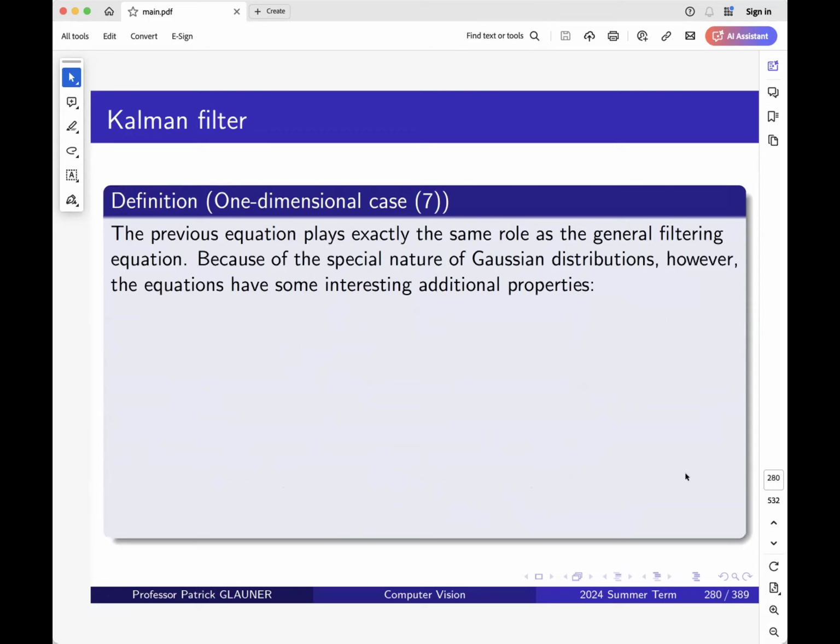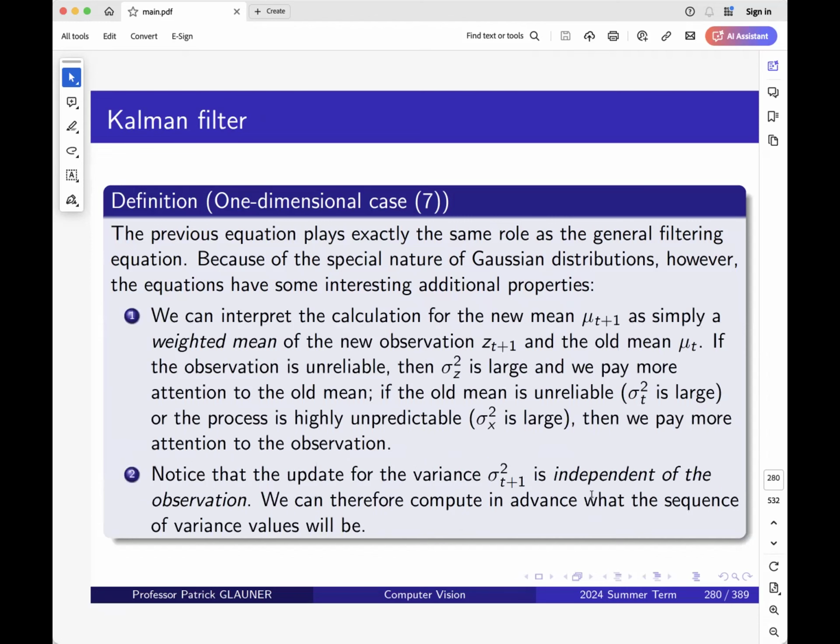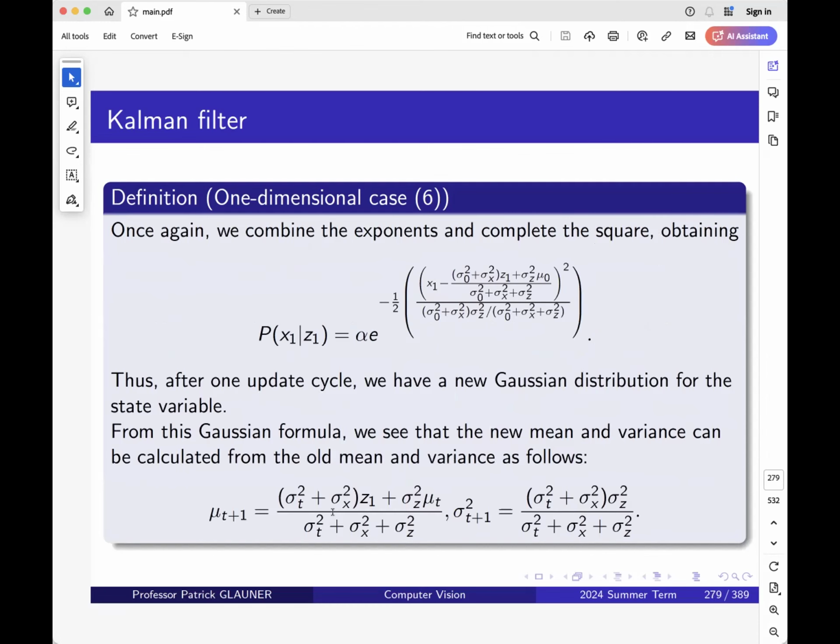What we have done here with these equations, they're just playing the same role as the general filtering equation we had derived before. But this time we use our Gaussian distributions and linear Gaussian distributions. And there are some more interesting properties that I'm sparing you for now. Feel free to read this in your revision, but eventually it's just an extended explanation why these two terms are so good.